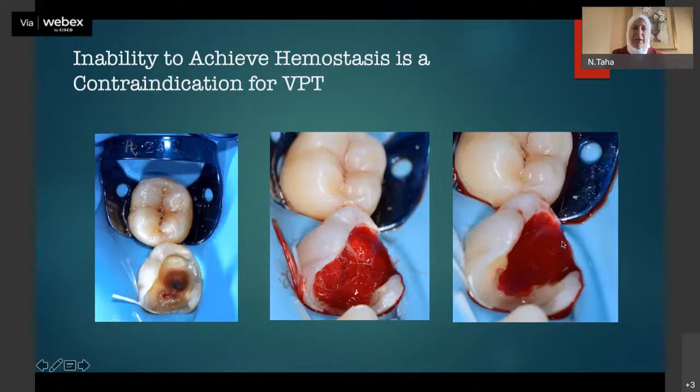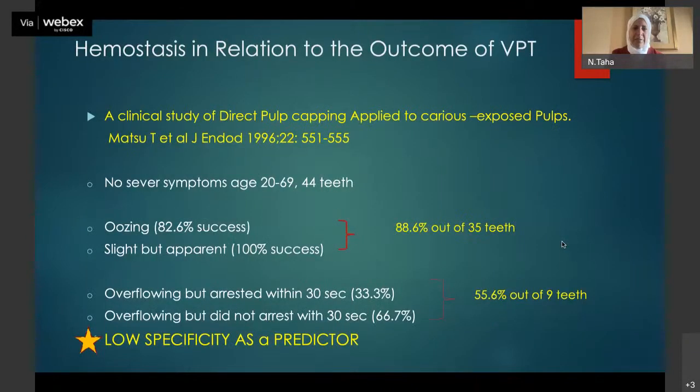So as I've pointed out before, there is no specific study that looked at hemostasis in relation to the outcome of vital pulp therapy, except one study on direct pulp capping by Matsu et al.